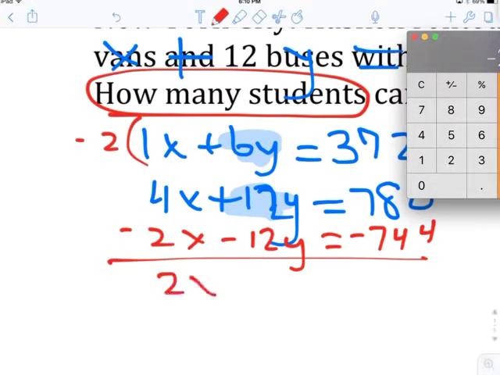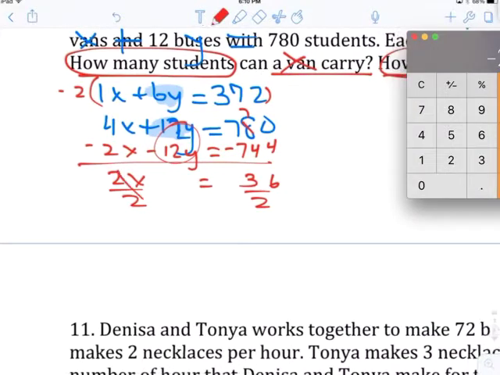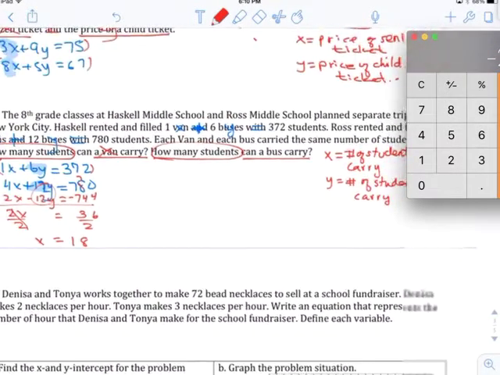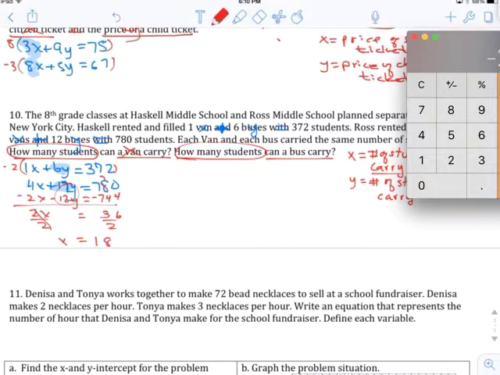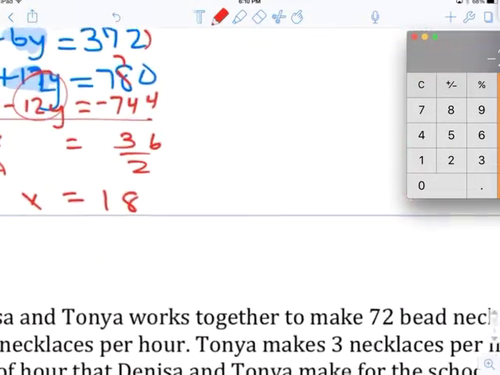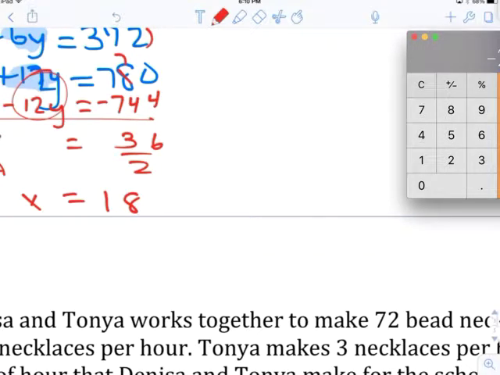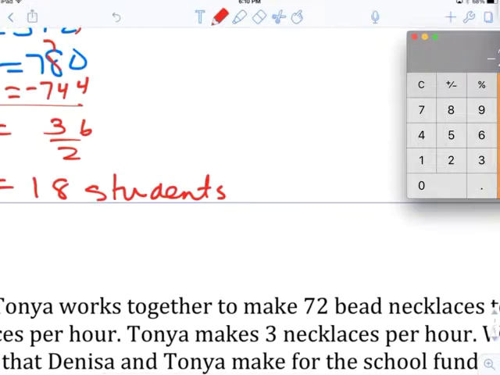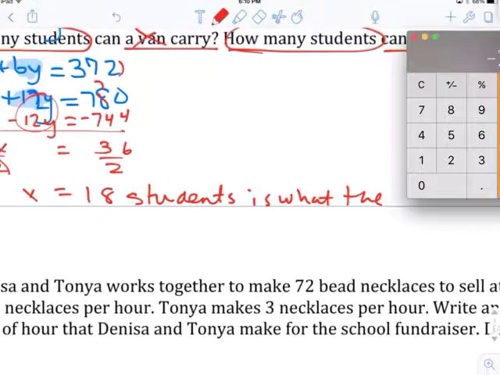You get 2x equals, that's 0, 6, 3, 36, divide by 2. X then equals 18. 18 is the van. The number of students the van can carry is 18 students.